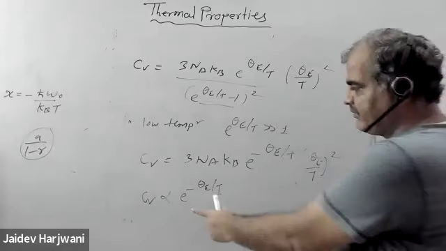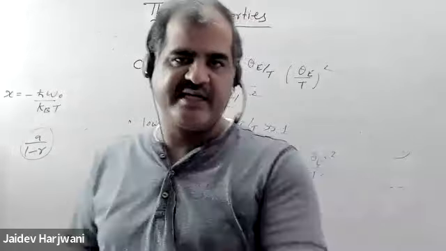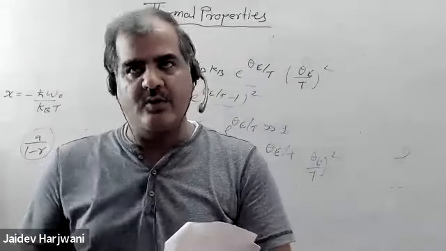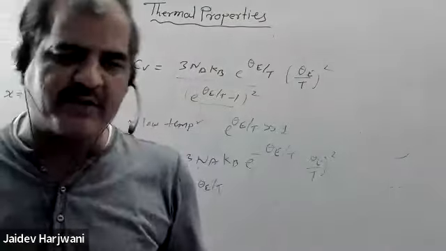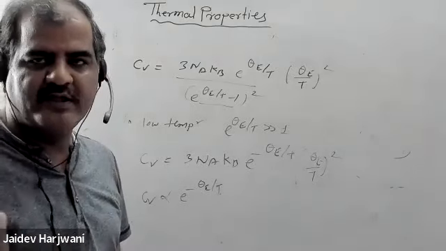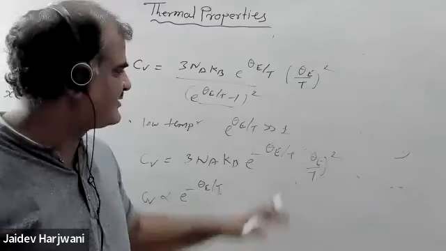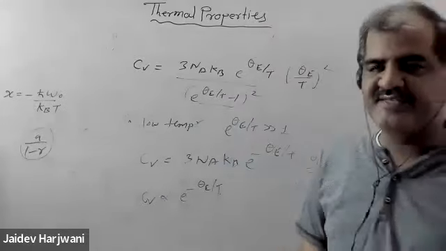So at low temperature your specific heat will decrease exponentially. That is better than your classical model, which doesn't say anything about the low temperature dependence of specific heat. In the Einstein model, at least we are getting some dependence, and that dependence is exponential.